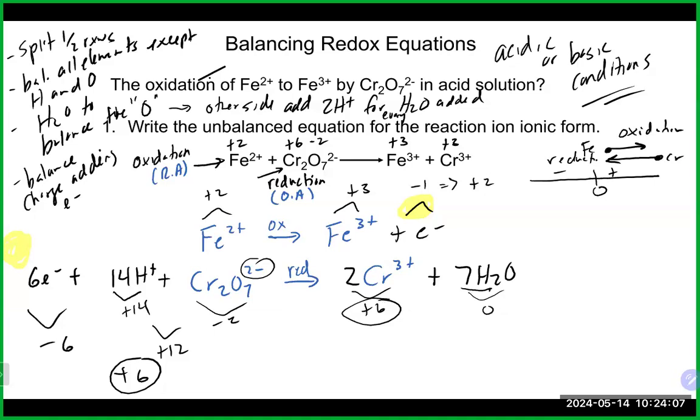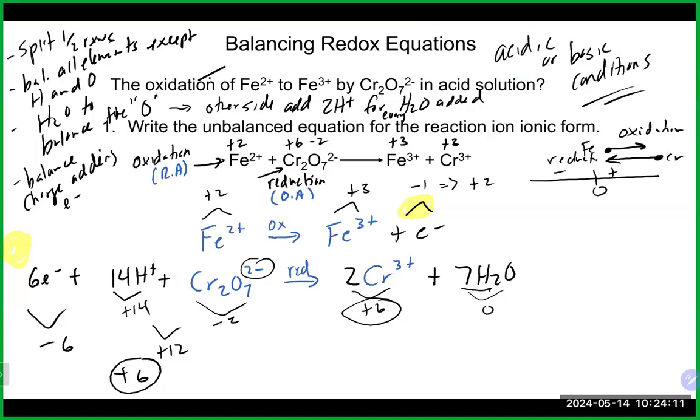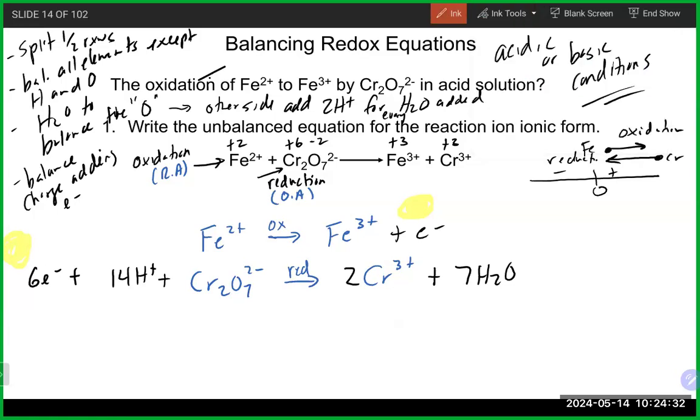Okay, so this is also the part of the program where I'm going to clear out some of this. It's important to know what is being oxidized and what is being reduced, because you can check yourself to make sure you are adding the electrons on the correct side.